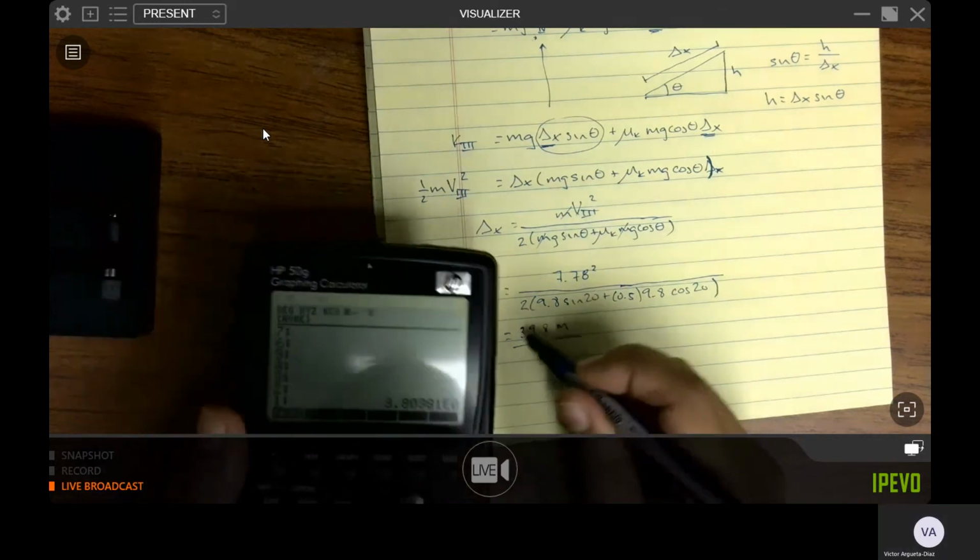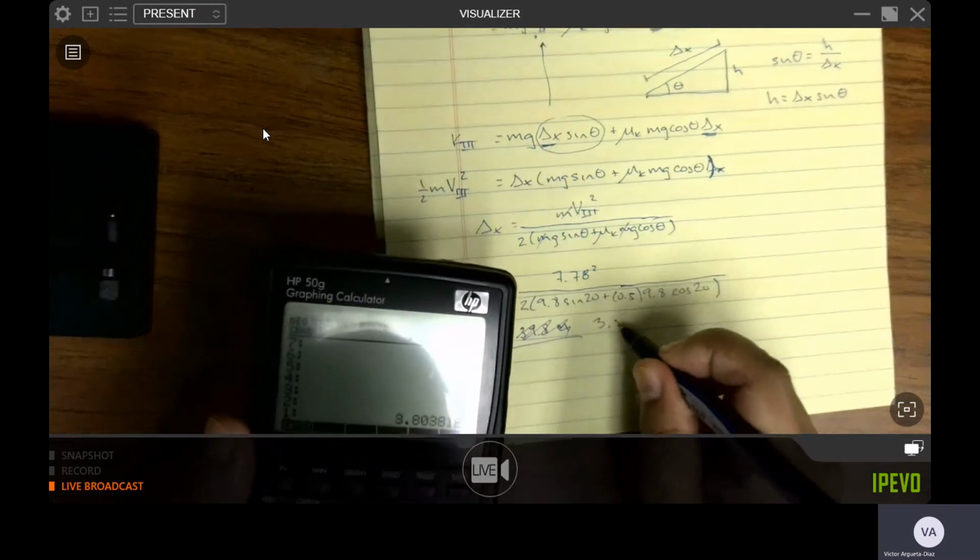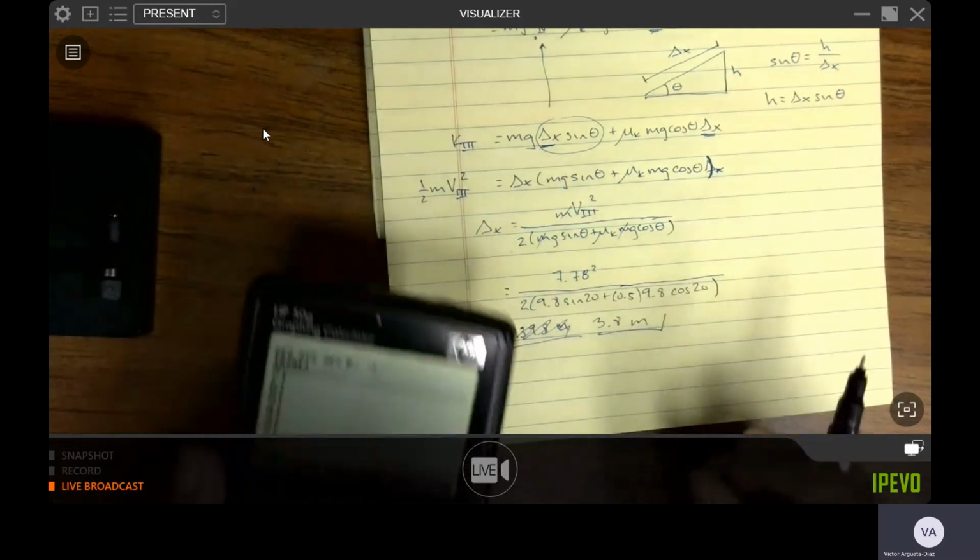Oh no, that's a factor. I got 3.8 meters.